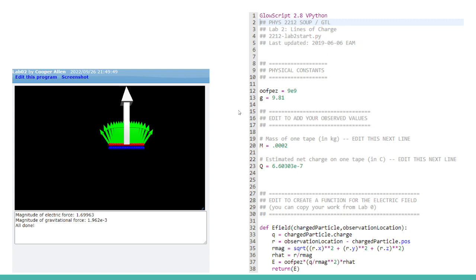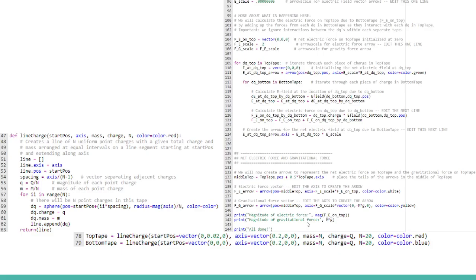Here are all of the initial conditions, and actually the data that we had. Here is the function I wrote for calculating the electric field. Here is a function that we were given that basically sets up all of the linear stuff.